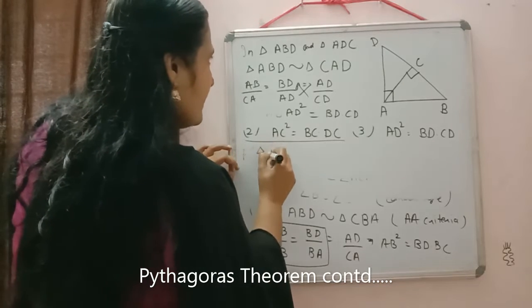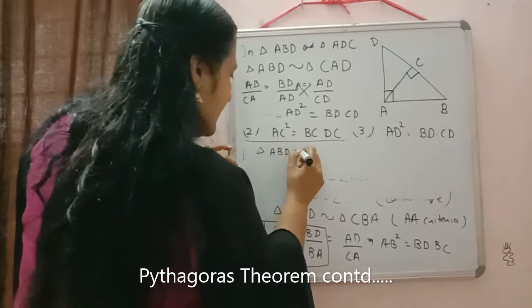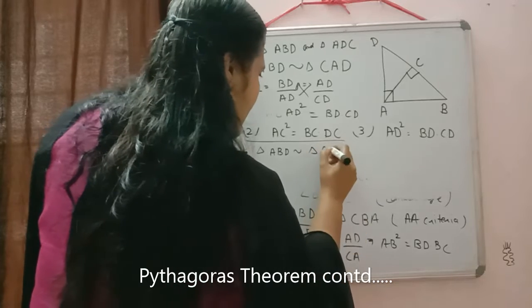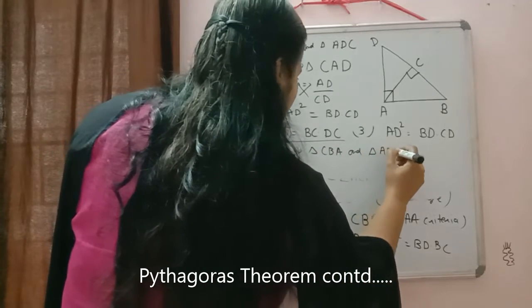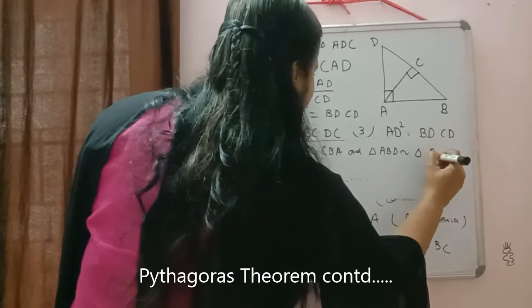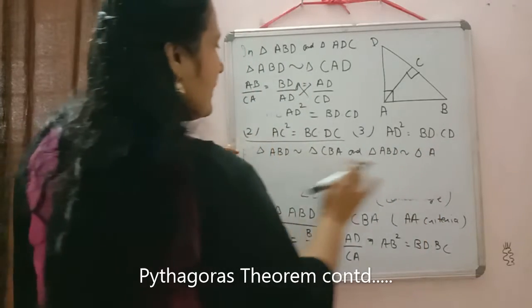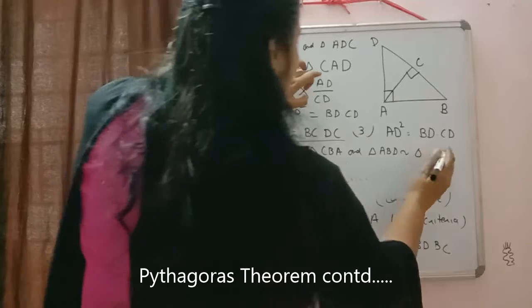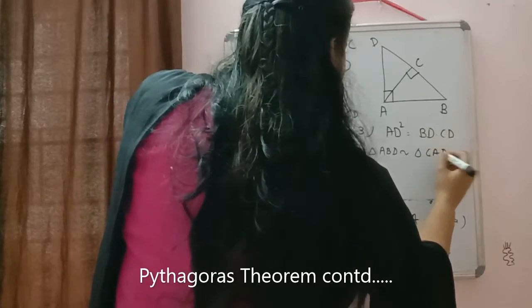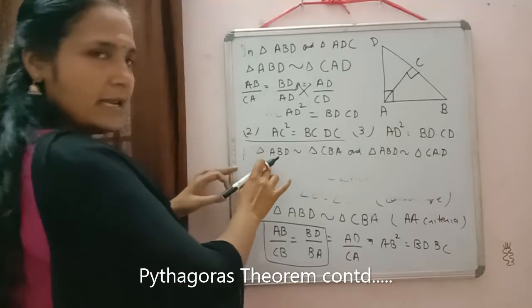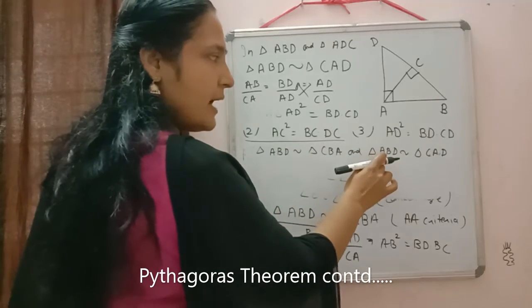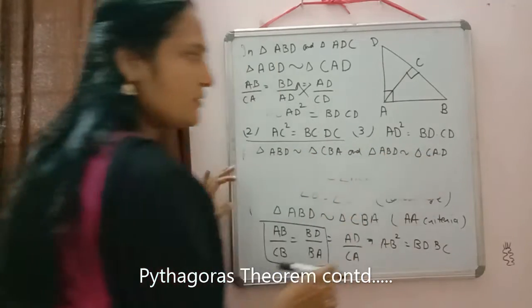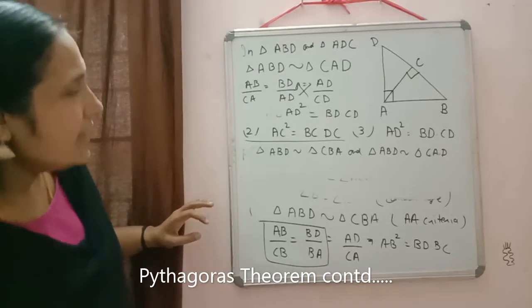Just write down there: triangle ABD is similar to triangle CBA, and triangle ABD is similar to triangle CAD.